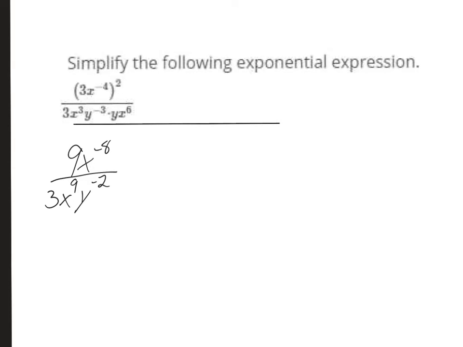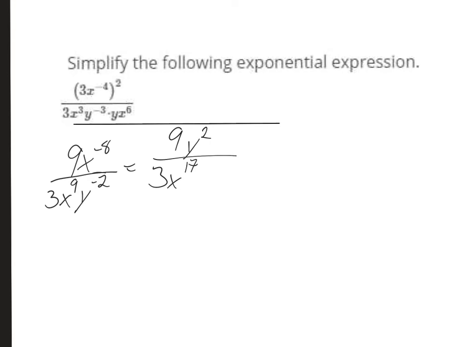So looking at this, we have a 9 on the top, we have a 3 on the bottom. This negative 8, I'm going to move it down to the bottom, so 9 minus negative 8. That'll be x to the 17th.